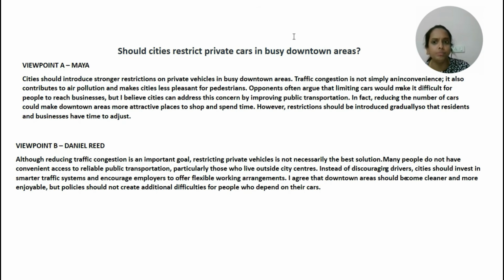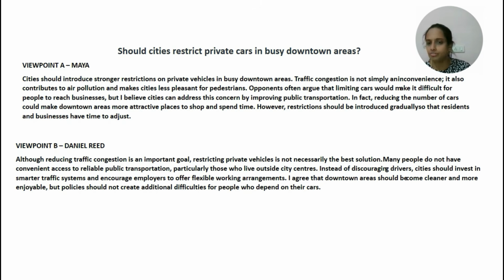He's concerned about people who depend on cars, people without good public transportation, practical difficulties, and he's concerned about alternative solutions. So, Daniel's badge is fix the problem but don't punish the people. That is Daniel. Same problem, different philosophy. Maya: restrict cars and improve alternatives, but Daniel: improve alternatives before restricting cars.